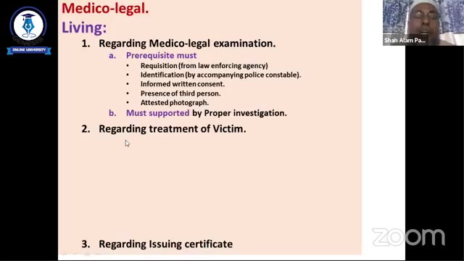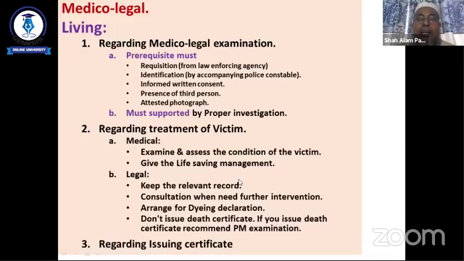Now come to treatment of the victim of a medico-legal case. In a medical case, those who suffer are known as patients. In a medico-legal case, the sufferers are designated as victims.